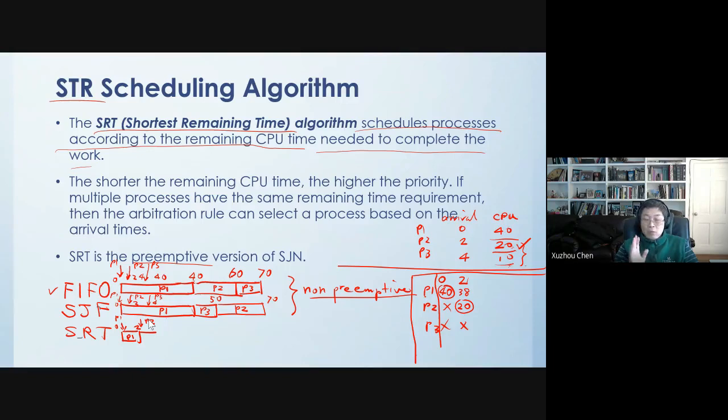Or it could still be P1, because P1 and P2 have the same CPU time. The other approach is, if two processes have the same priority or same CPU time, it's based on FIFO between the two, whoever arrived first. In that case, of course, P1 arrived first, so P1 continues, even though P2 has the same CPU time. It basically depends on the design of the scheduler.